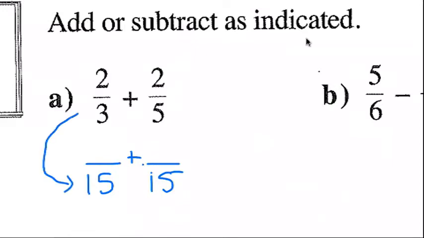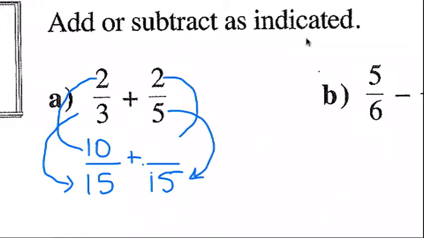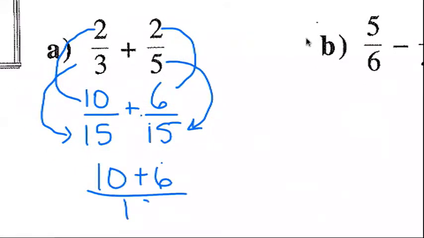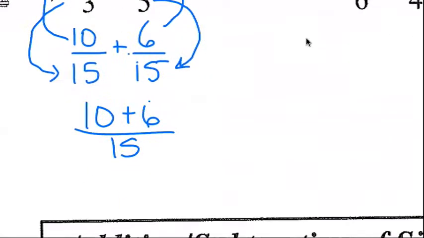I need to multiply by 5. So I also need to multiply the 2 by 5 as well. That's going to give me 10. What do I multiply 5 by to get to 15? 3. 2 times 3 is 6. Then I add the numerators, keeping the denominator the same. 10 plus 6 is 16 on 15.